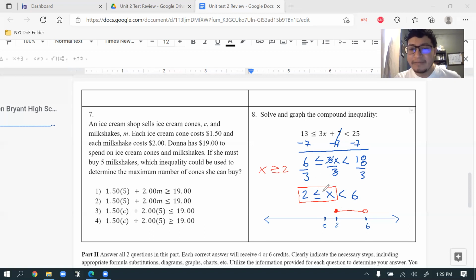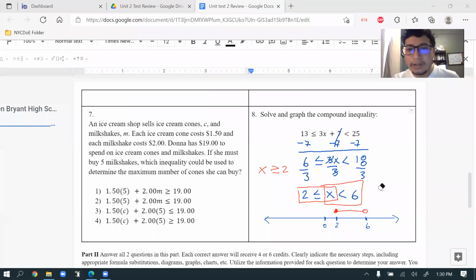And when I graph this other section, x is less than 6, it'll go towards the left. And of course, the solution set is between 2 and 6 because of the overlap of x is greater than or equal to 2 and x is less than 6. Wherever they overlap, that is the solution set to this compound inequality.